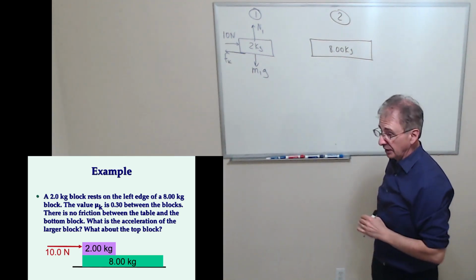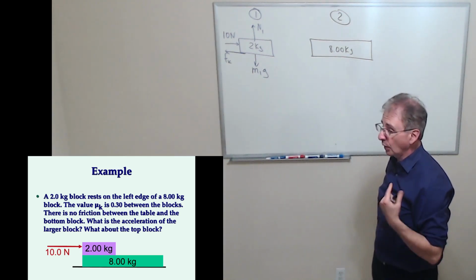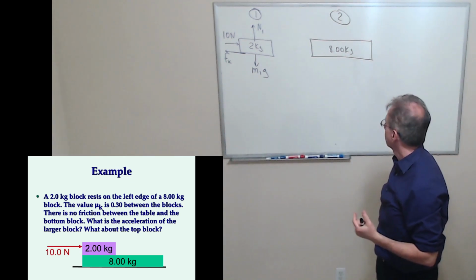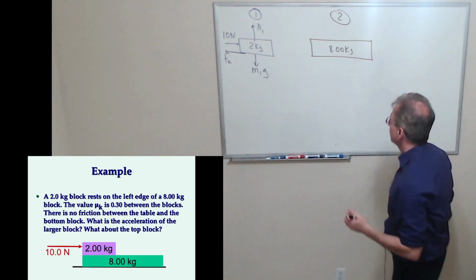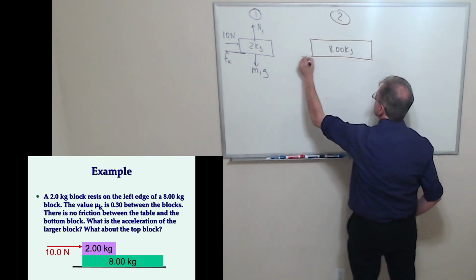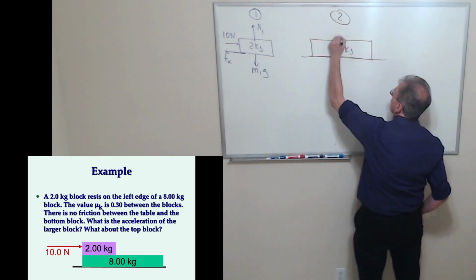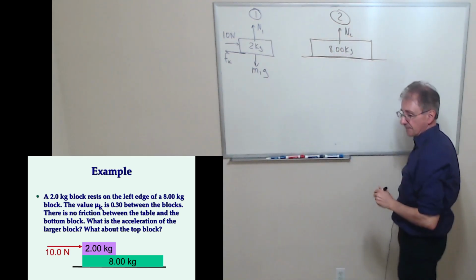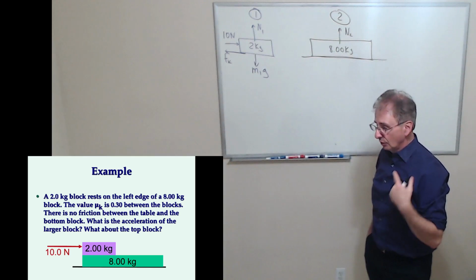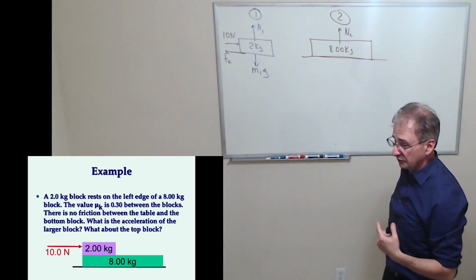And we want to draw the free body diagram on that one. The question is, what's touching that object? What are the contact forces? Well, okay, there's a surface that's holding this up. That's a normal force. The question is now, what's making this thing move to the right?